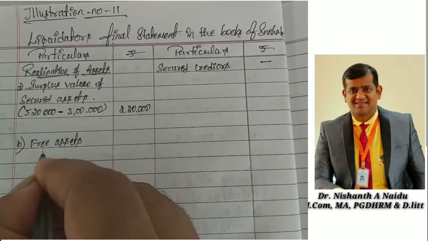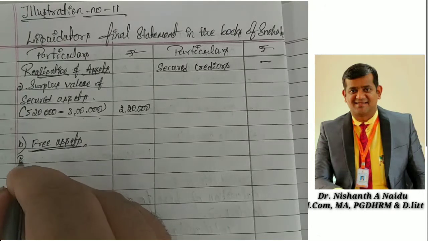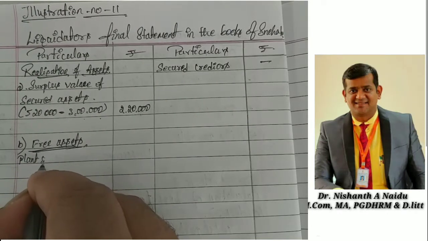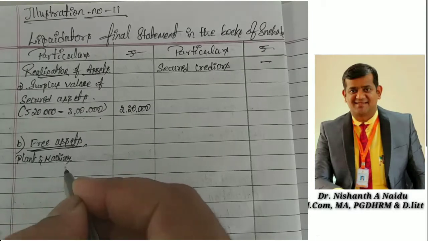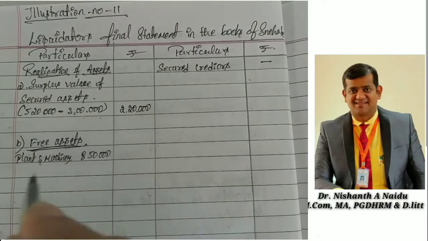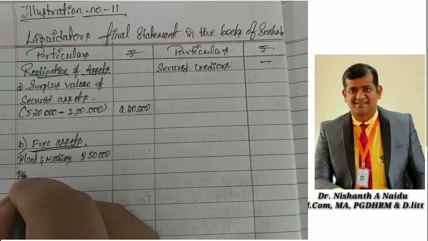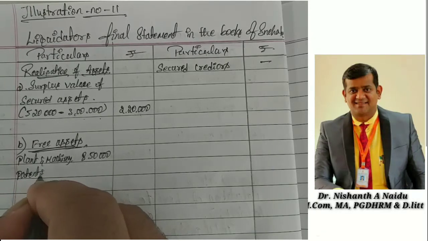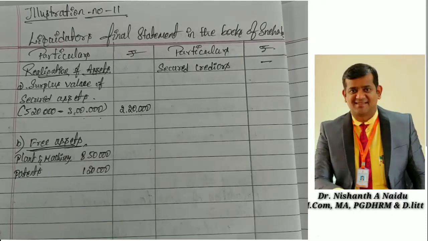Free assets. So under this, which are all the assets which is not secured? That is plant and machinery. So that is how much it has been realized for, 8,50,000. Next, patents, 1,20,000 rupees.